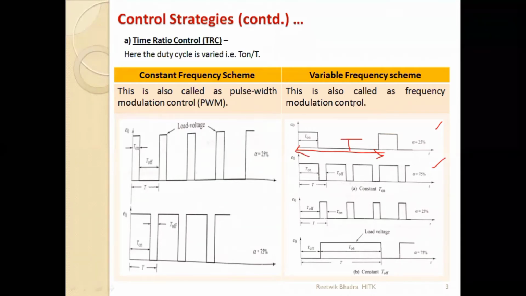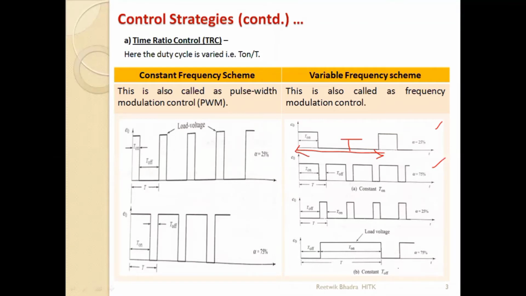This variable frequency modulation scheme can be divided into two parts. One is constant T on, one is constant T off. If you keep constant T on, this width is constant, up to this it is constant. For these two figures, this width is constant, but T off varies. This T off varies.